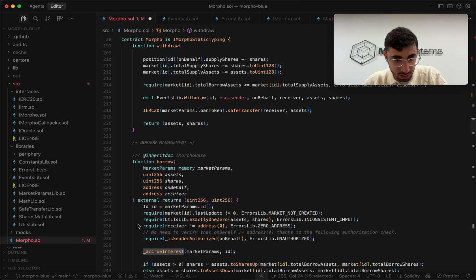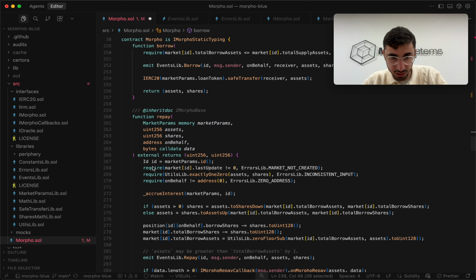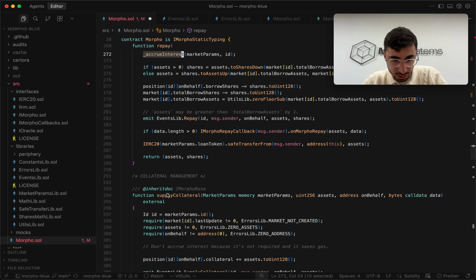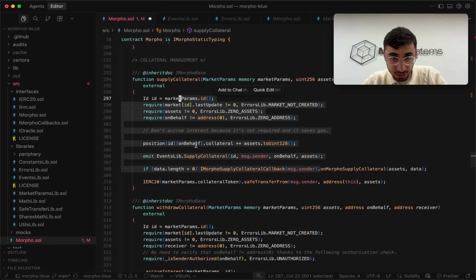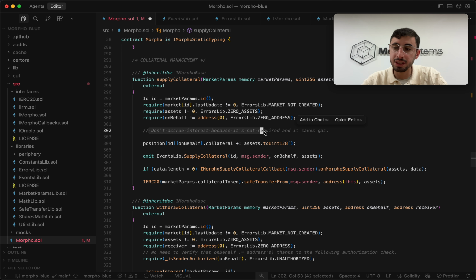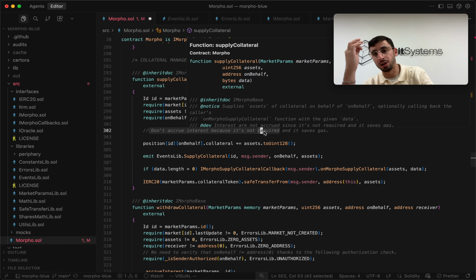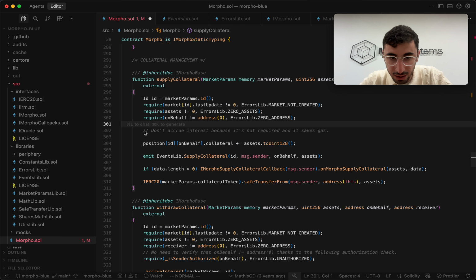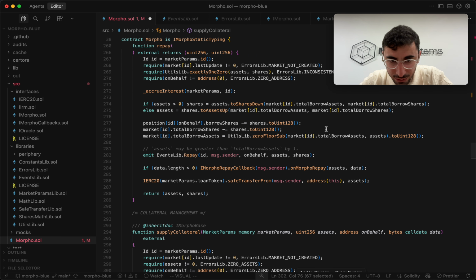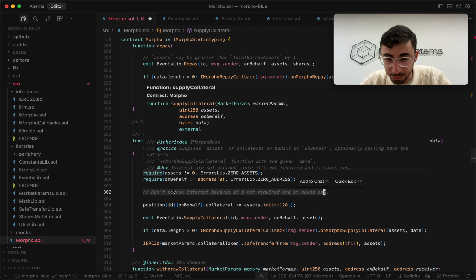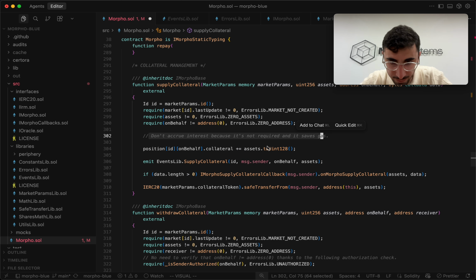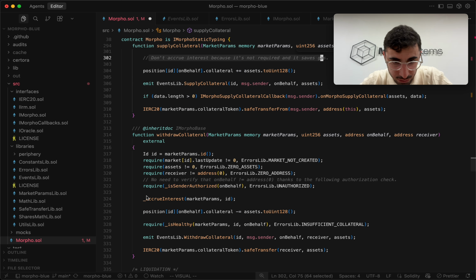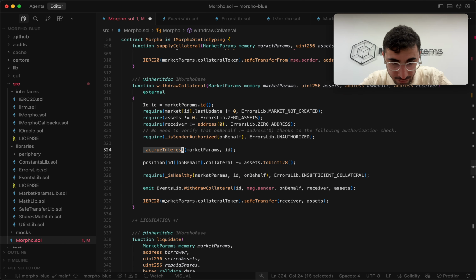Here there's no accrue interest, and I love these details. You would expect an accrue interest here, right? And the person that wrote this was aware of this and decided not to accrue interest, because it's not required and it saves gas. Beautiful stuff.